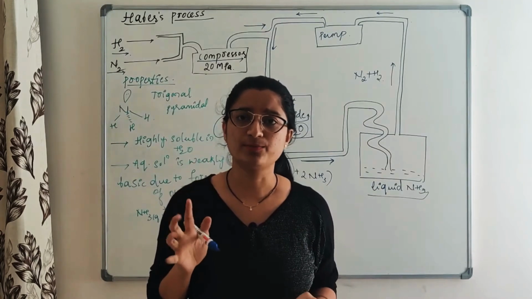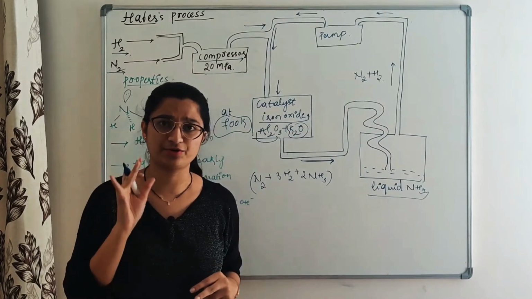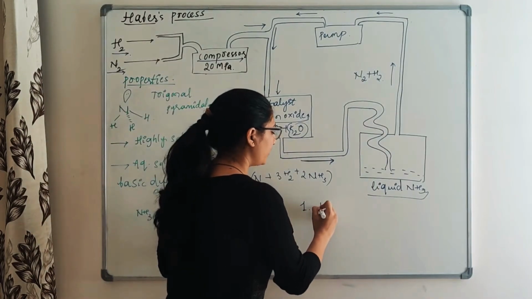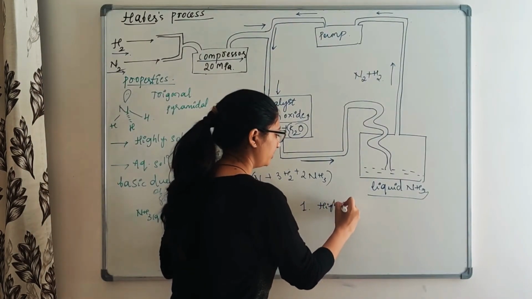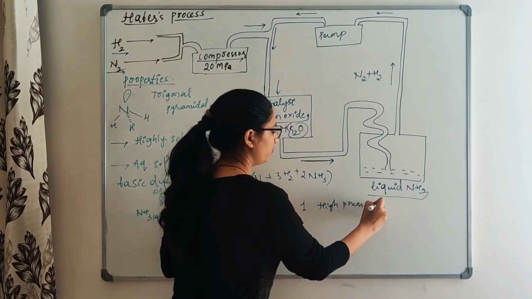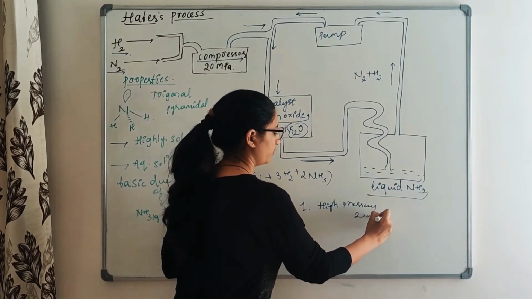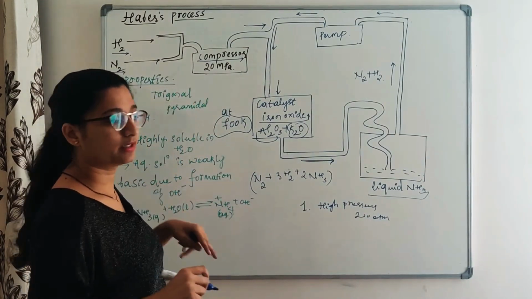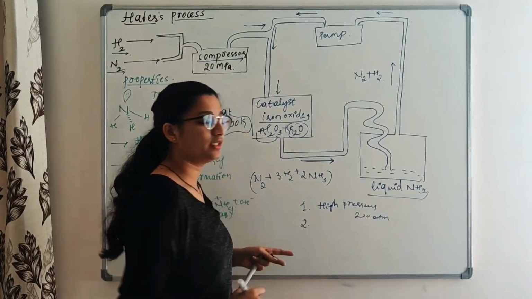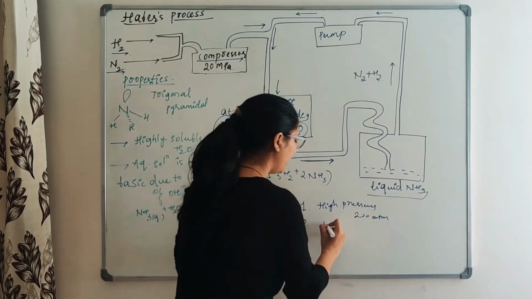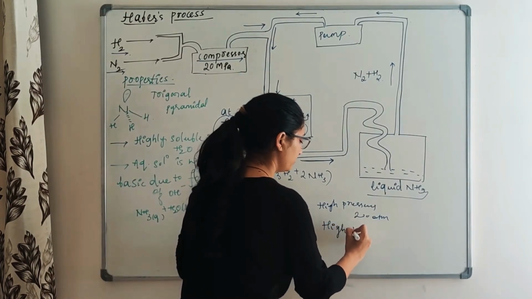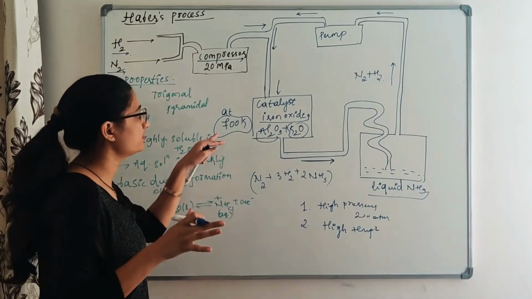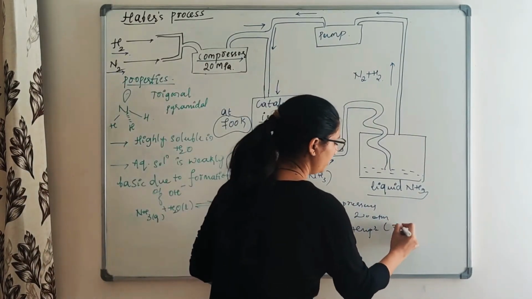What is very important here is that there are a few conditions you have to remember in this process. The first condition is that we are using a very high pressure. That one you have to remember: 200 atmosphere of pressure, which is very important, and is nothing but 20 megapascal. The second is a high temperature condition, that is 700 Kelvin of temperature.